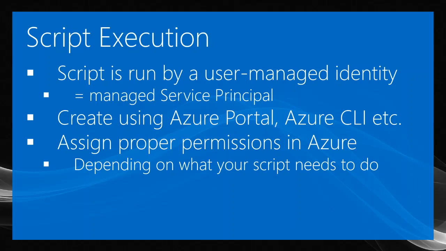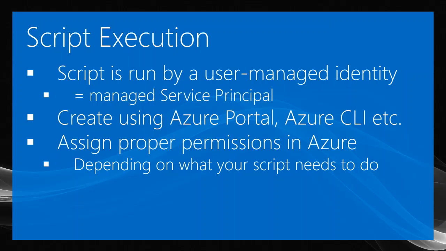A user-managed identity is a resource that you can deploy, and it will provision a service principal inside Azure Active Directory. And this service principal can then get specific permissions. So based on the script that you want to or need to execute, you of course need to assign this identity the proper permissions so that it doesn't fail later, right? And then you can have your script run using this identity.